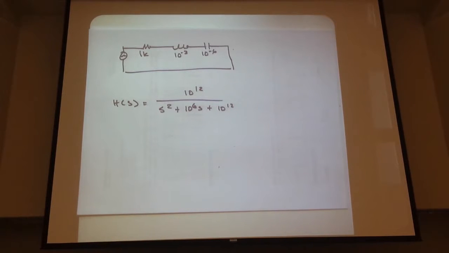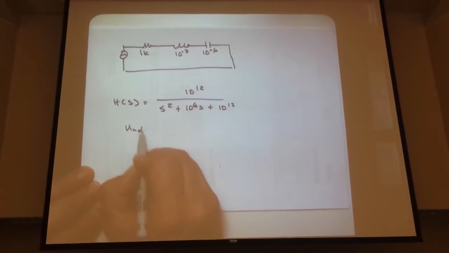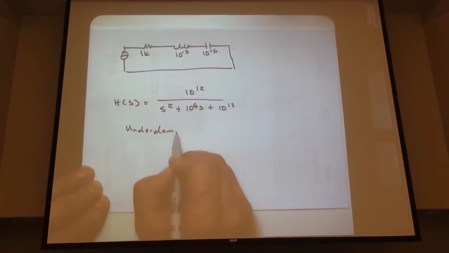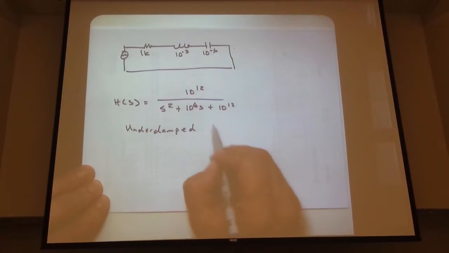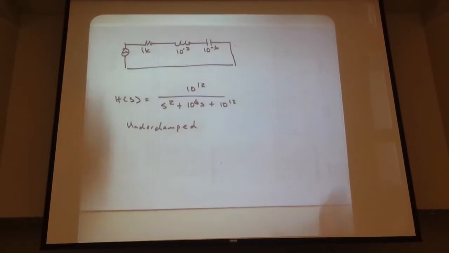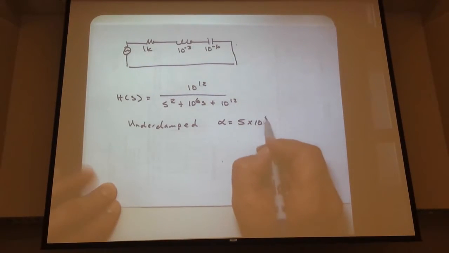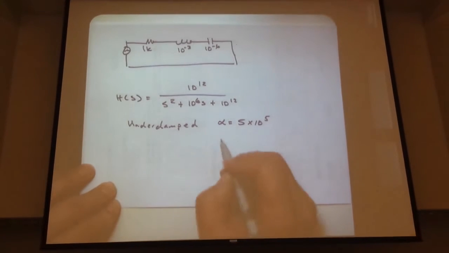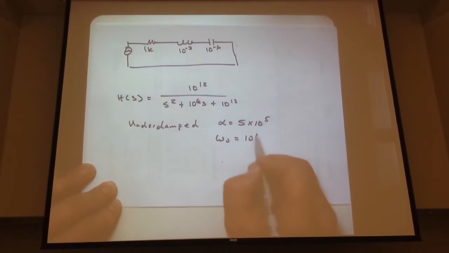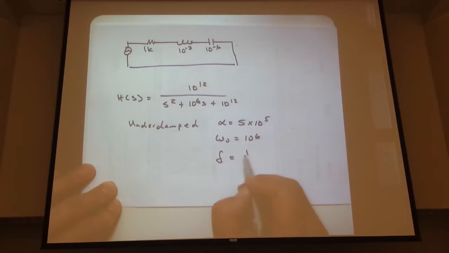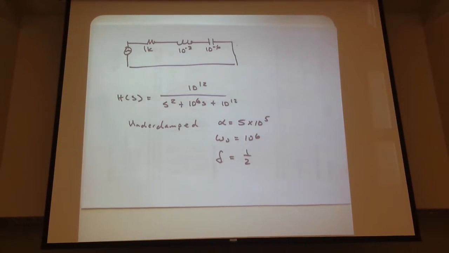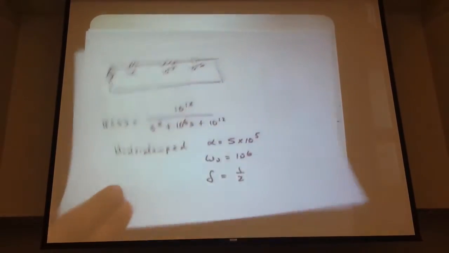And so now we're underdamped, and this is a specific underdamping that actually has some meaning. Alpha is 5 times 10 to the 5, omega naught is 10 to the 6, and so our damping ratio is 1/2. And that's actually a fairly significant number that has some meaning for us.